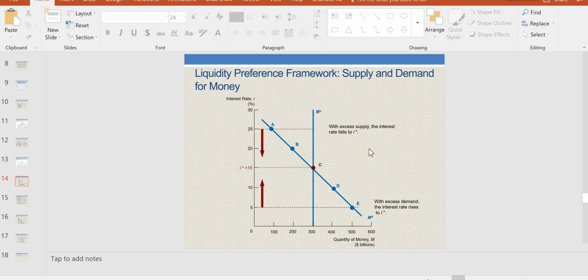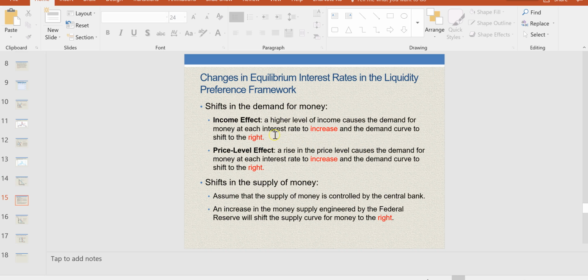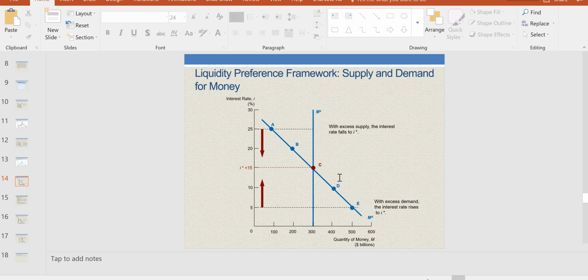Now, the more real income you have, the more money you probably want to hold in your pocket because you want to buy more goods. That's also discussed in the lecture slides, the income effect. A higher level of income will cause the demand for money to increase, hence the demand curve will shift to the right.